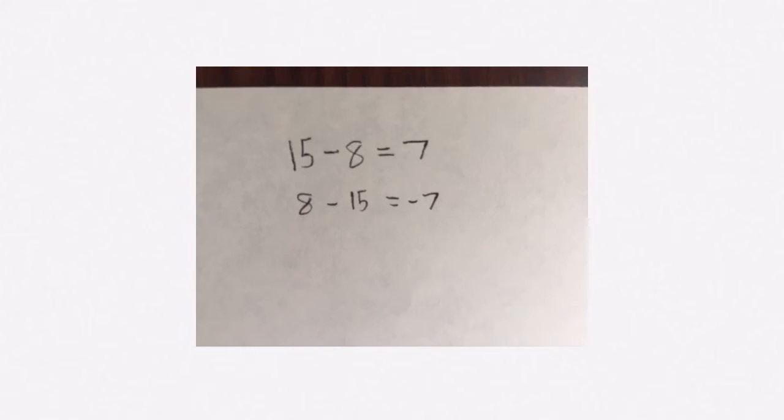As for the second equation, 15 is the bigger number, while 8 is a smaller number. So because 8 is being subtracted from 15, you're going to come out with a negative. If the negative number is bigger than the positive, then the outcome will always be negative. If the positive number is bigger than the negative, then the outcome will be positive.